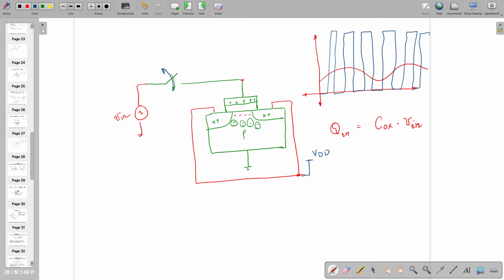Sandeep, what do you think? Current? Where? Look, I am seeing four terminals and I don't know what you are talking about. From drain to source, no current. Drain to source, no current. But why?